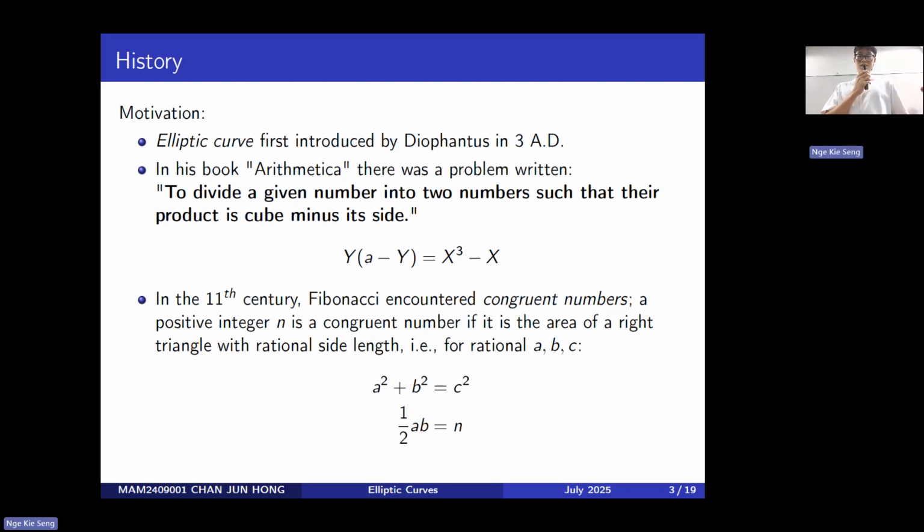Then later on in the 11th century, Fibonacci encountered the congruent numbers problem, which states that a positive integer n is a congruent number if it is the area of a right angle triangle with rational side lengths. That is, for rational numbers a, b, c, we have a^2 + b^2 = c^2, and the area of the triangle is equal to n.